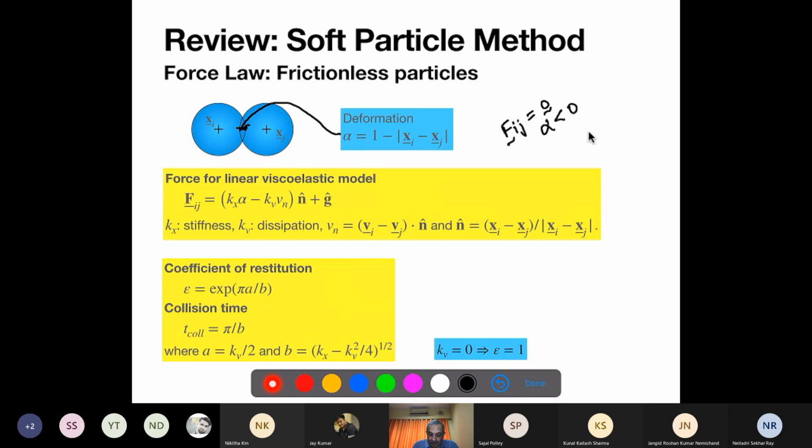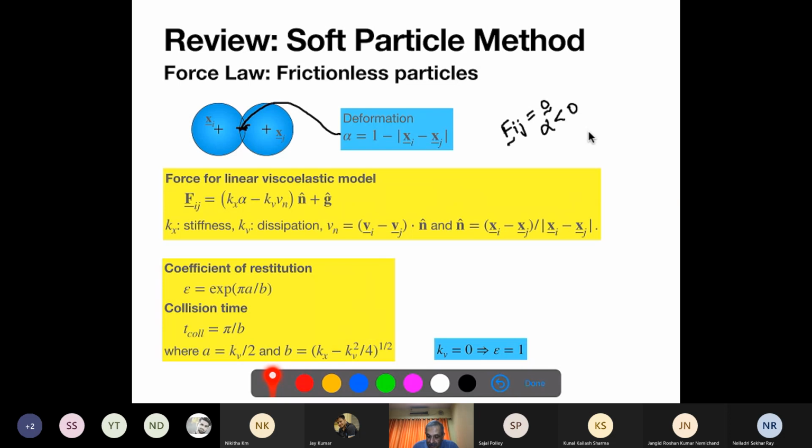Okay. And then for this model, we saw that you can calculate the coefficient of restitution like this. You can calculate the time for a collision like this. And here A is just kV divided by 2 and B is kx minus kV squared by 4 raised to the power of half.